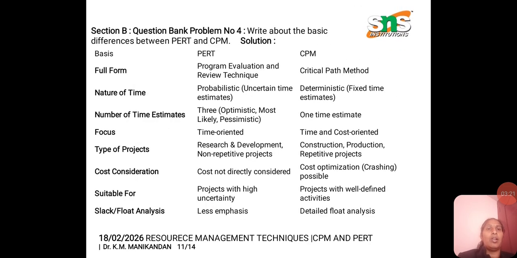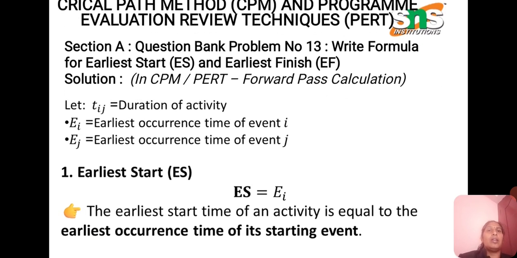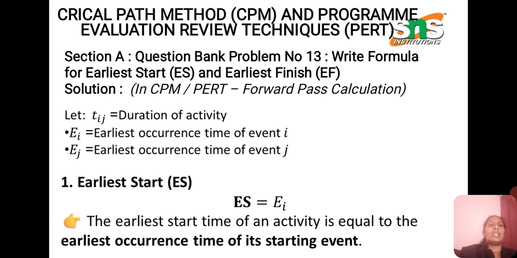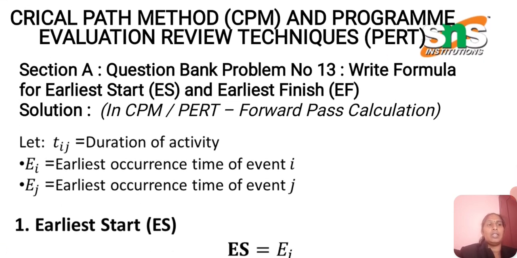So once again I will recall all the values. What is the formula for the early start? Early start comes from the forward pass calculation, whereas TIJ is the duration of the activity. For example, if you go from 1 to 2 and it takes 4 days, that is TIJ. Then if you move from 2 to 3 and it takes 5 days, in total we have covered 9 days.